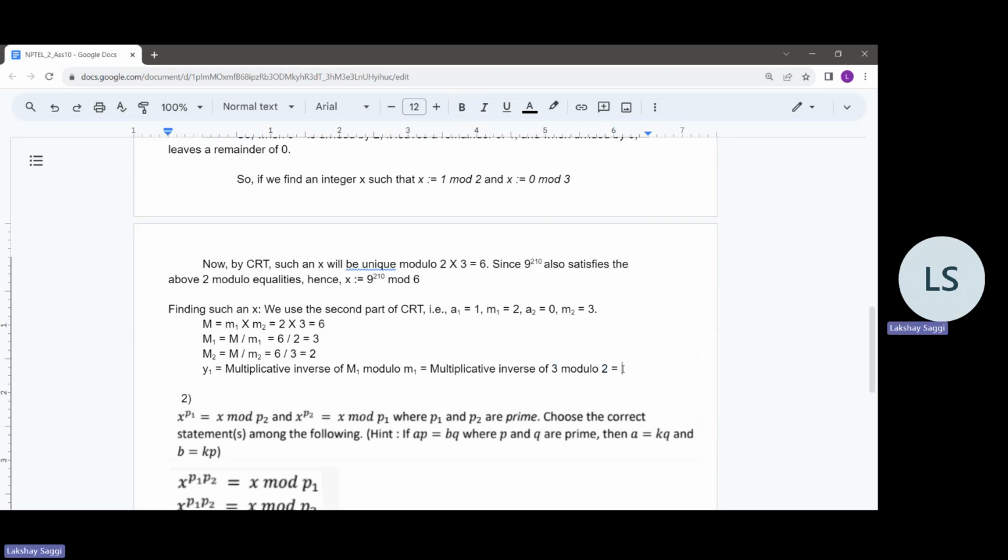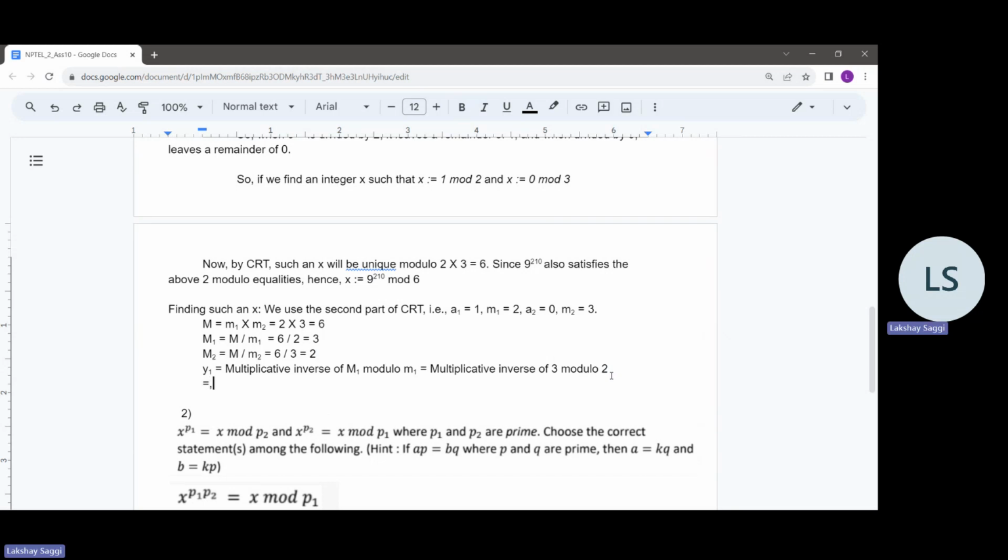So we need to find a number y1 such that 3 times y1 is congruent to 1 mod 2. This is the definition of multiplicative inverse, right? I'm hoping you must remember this from the lectures.